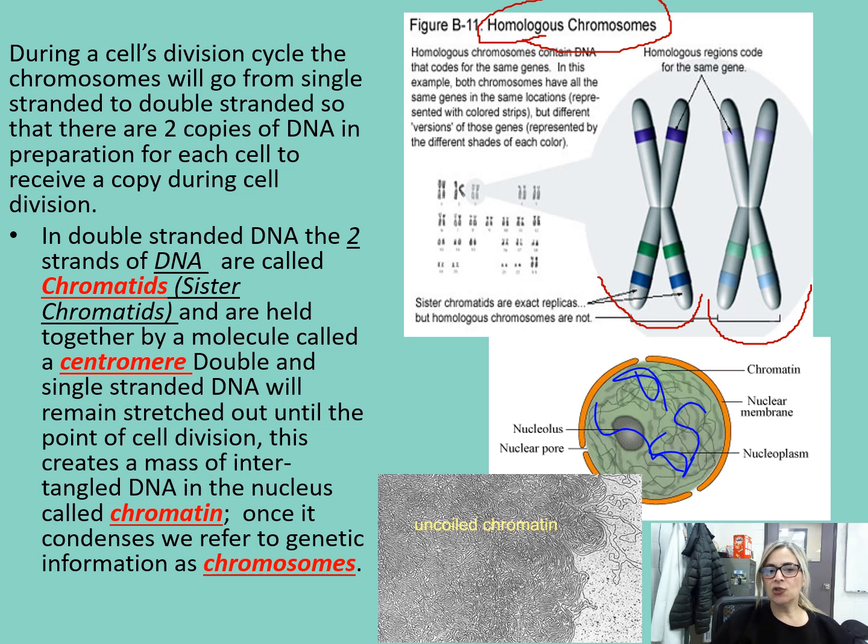So these chromosomes are homologous because they are the same size, the same shape-ish, and most importantly, the different regions, the different loci on the chromosomes, code for the same gene, okay? So it's not like in a homologous pairing that this gene is for eye color, and this one is actually for toe length.